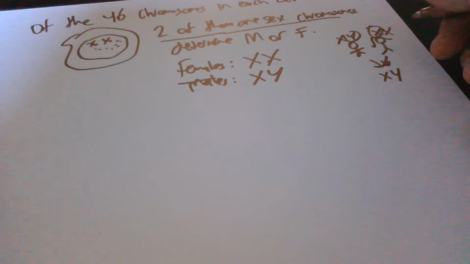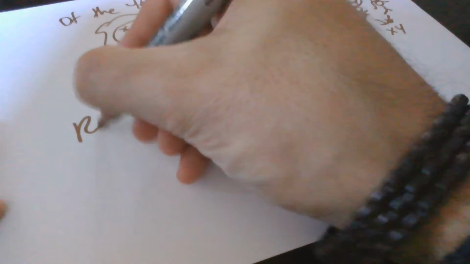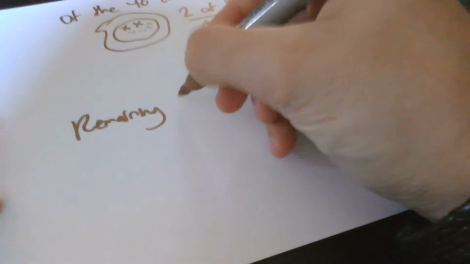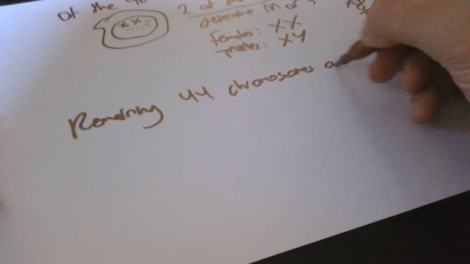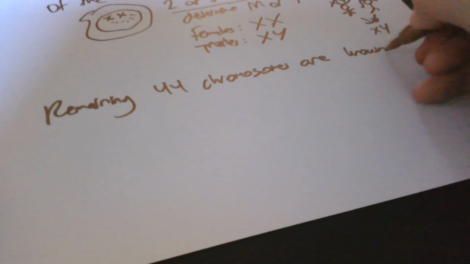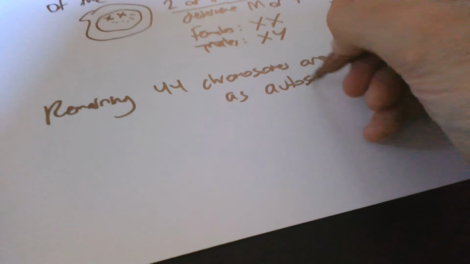Now, I should also stress this point: the remaining 44 chromosomes are known as autosomes. Think automatic. Autosomes, automatic, they're all the same.